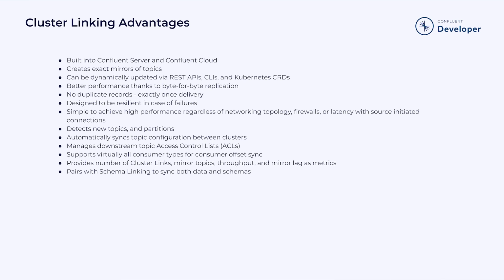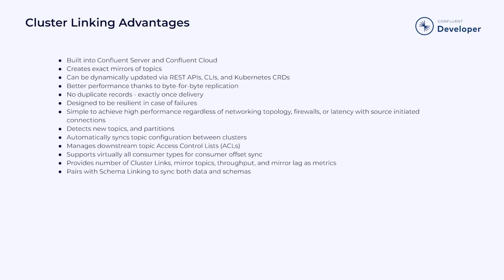For those concerned with security and who are familiar with Confluent Replicator, cluster linking allows you to originate the cluster link from the source cluster. This means the days of trying to achieve good performance with a private link or firewall rule are over. Cluster linking detects new topics and partitions, automatically syncs topic configurations between clusters, and manages your downstream topic ACLs.